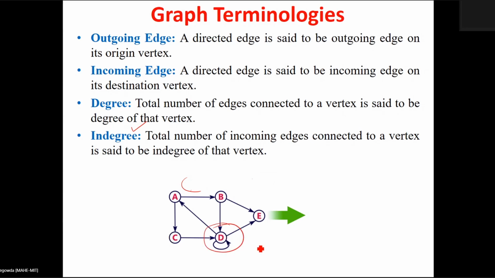What is the in degree of this node D? We have a self loop, which is 1 degree, and we have incoming edges from C and also from B. So the in degree of node D is 3.